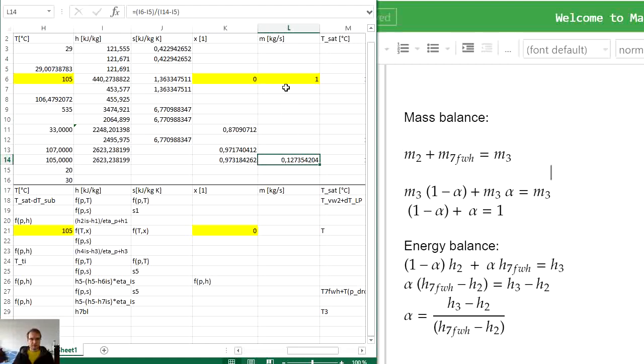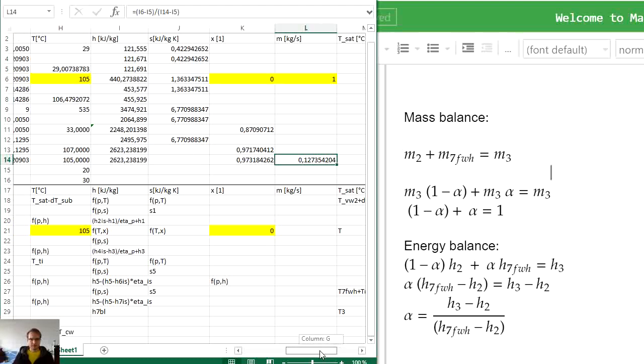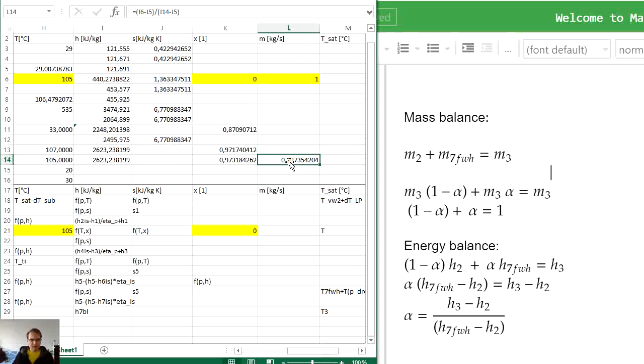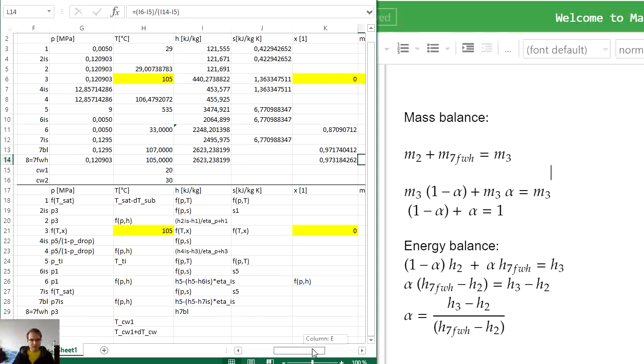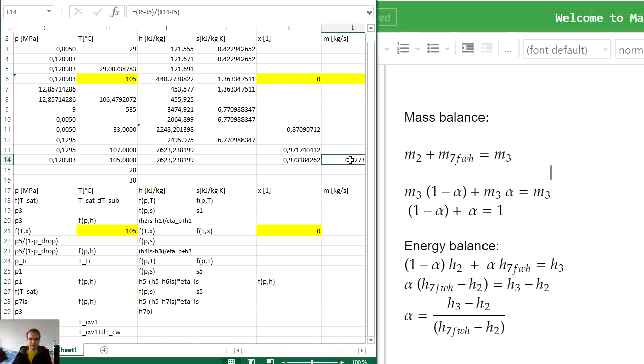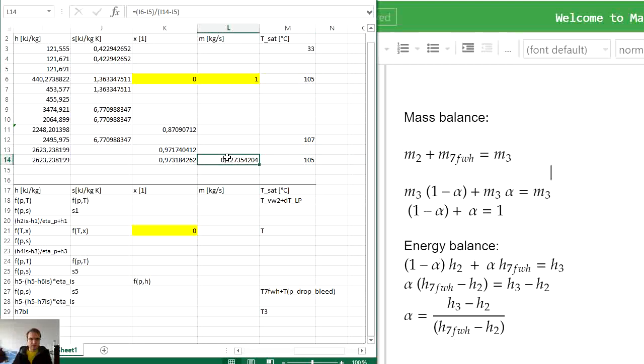So now when we have these values, we can actually calculate the parameters as heat input, heat output, and work. Just to put it clearly, here we have 12 or 13% of steam going through the bleed pipe.